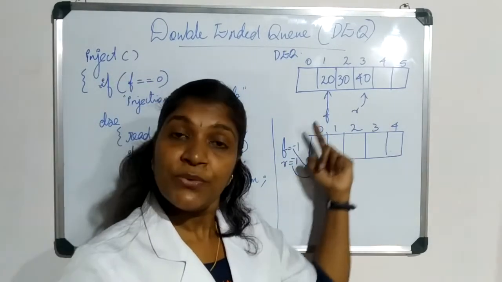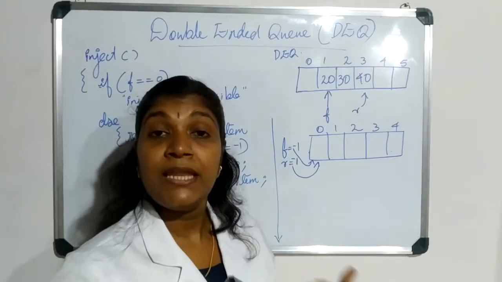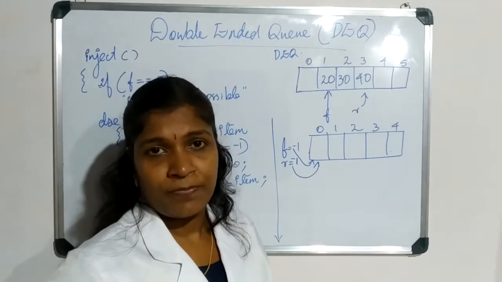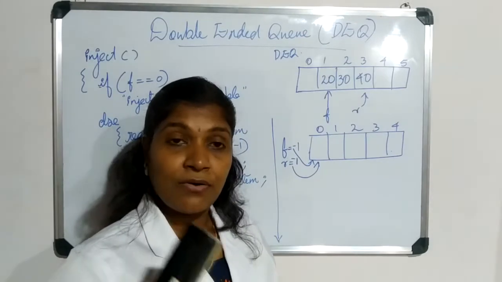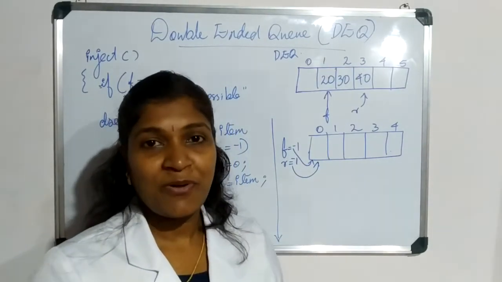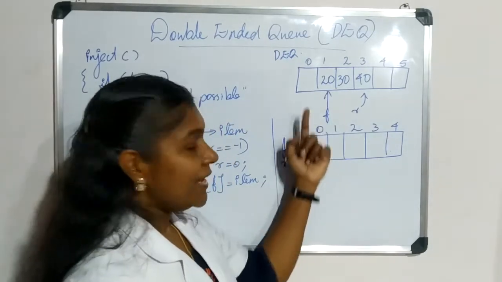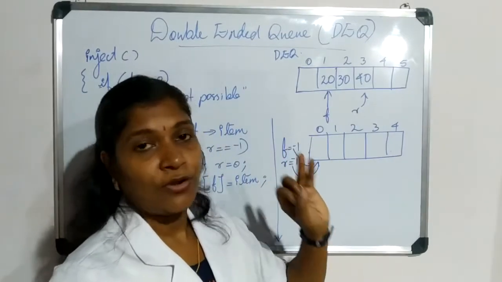But into an empty queue, we can perform inject first. Instead of performing an NQ first, any operation in any order we can perform. We can perform inject first or NQ first, but only after inserting at least one element are we supposed to perform a DQ or eject operation. So we are considering two cases, inject into an empty queue and into a non-empty queue.